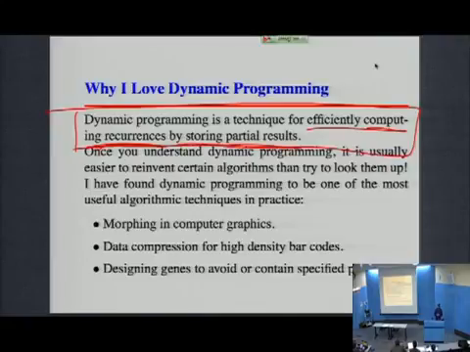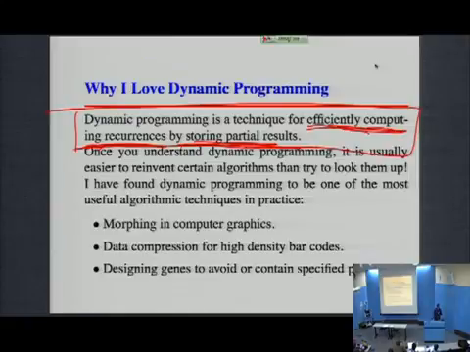So, if I can take my problem and describe what I want to compute by a recurrence relation, namely a recursive program, and it is the kind of thing where I'm going to be seeing certain solutions over and over and over again, then I am better off storing partial results than recomputing.